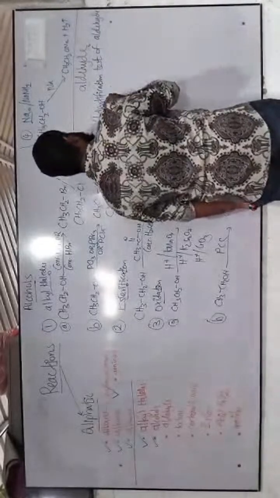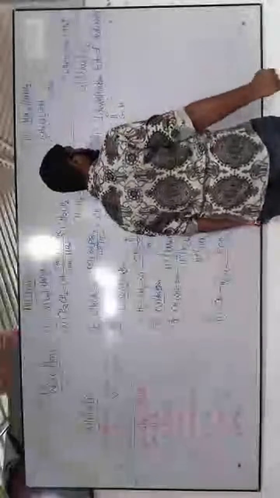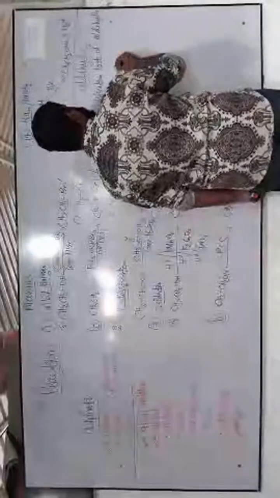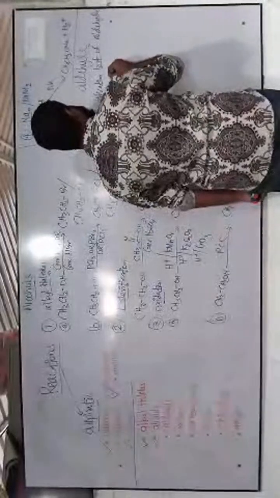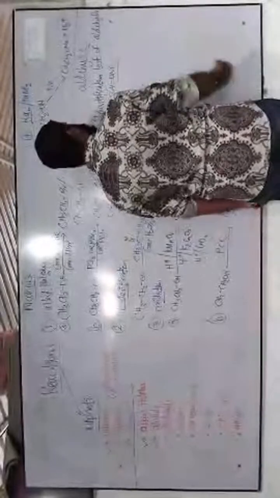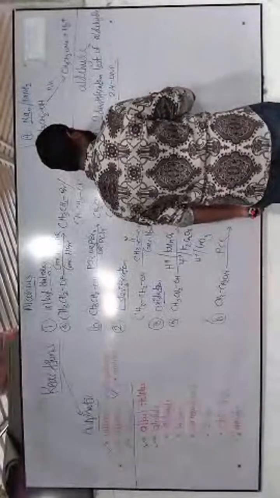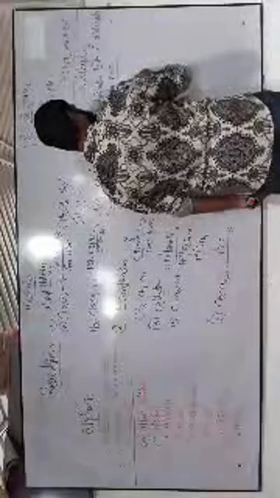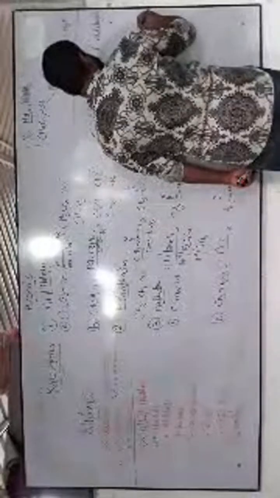Let's say RCHO is there, and you are going to use 2,4-DNP. DNP means dinitrophenyl hydrazine.